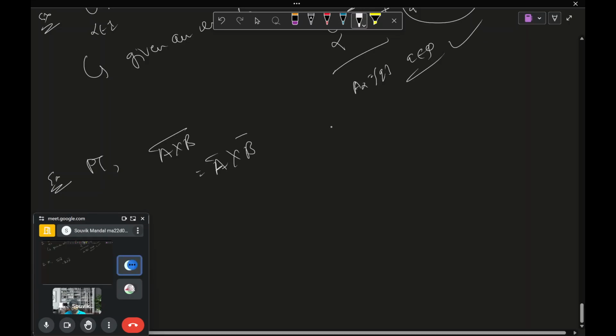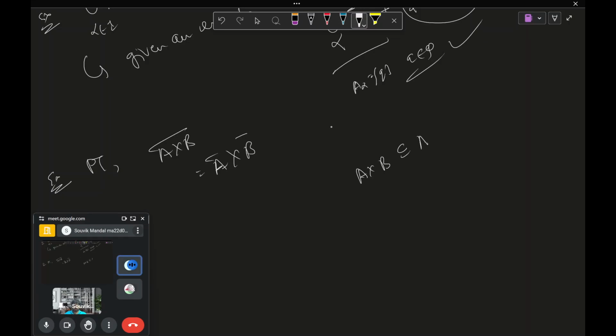Yes. A cross B is a subset of A closure cross B closure. But the right hand side, A closure cross B closure, is a closed set, right, sir?